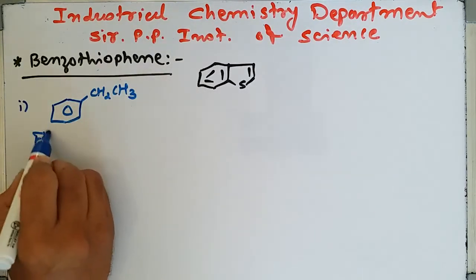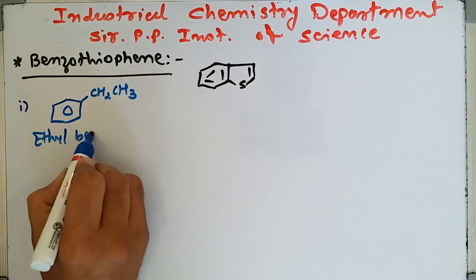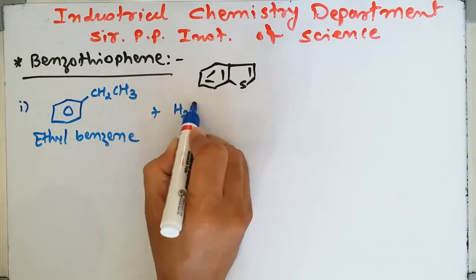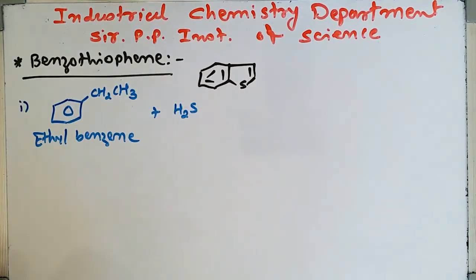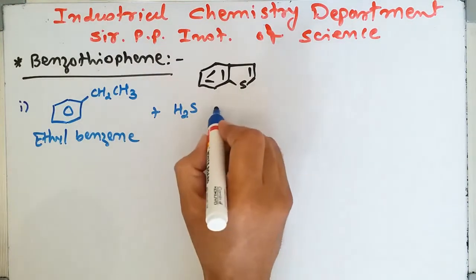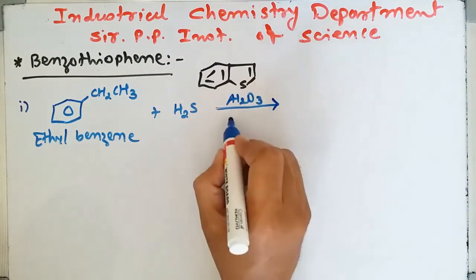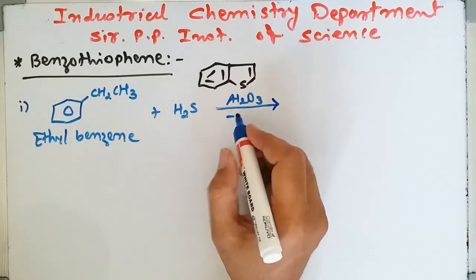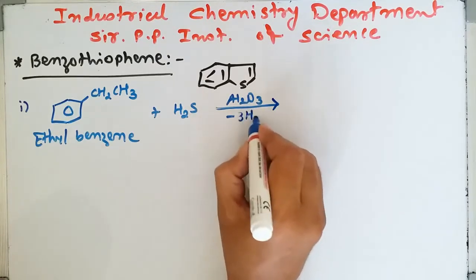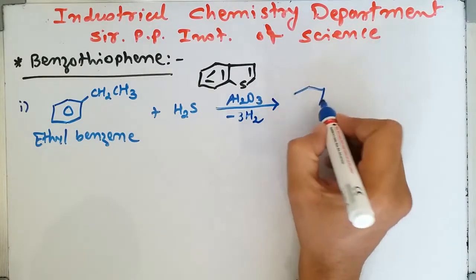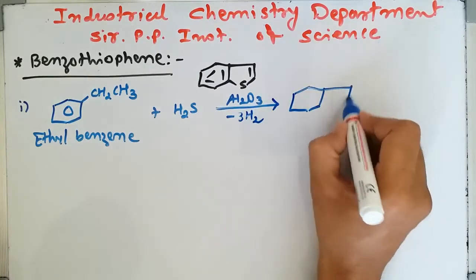This is ethyl benzene. It is treated with H2S, hydrogen sulfide gas, in the presence of Al2O3, and with loss of 3H2, we get benzothiophene.